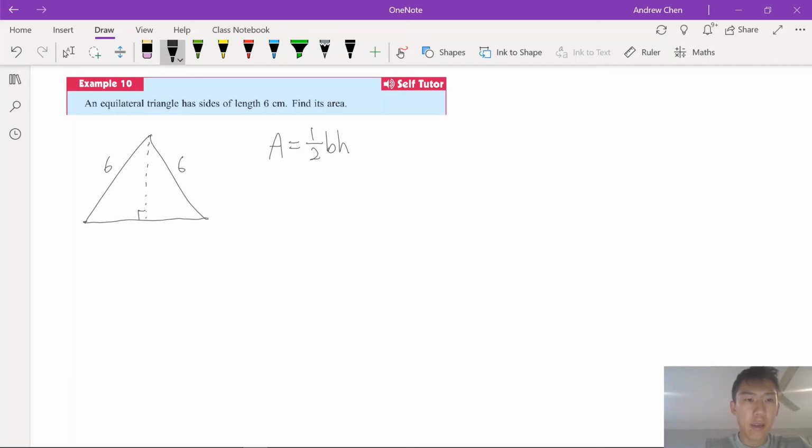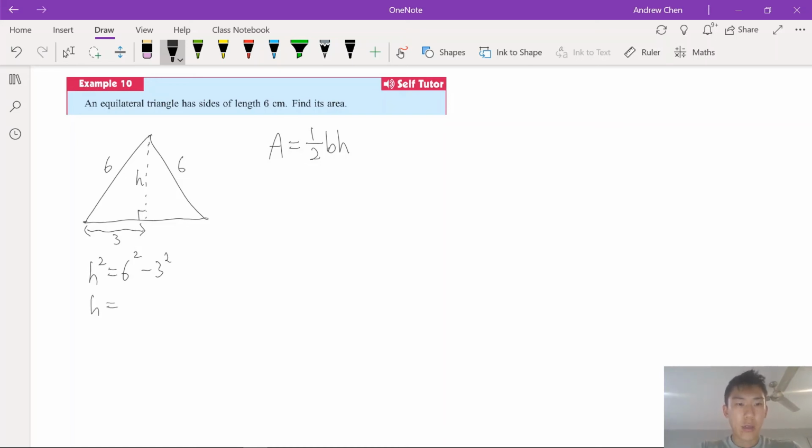If we cut the base in half, there's going to be 3. Let's call this the height. So we actually have to find the height using Pythagoras' theorem. So h squared equals, now this time h is one of the shorter sides of this right angle triangle, so it's 6 squared take 3 squared.